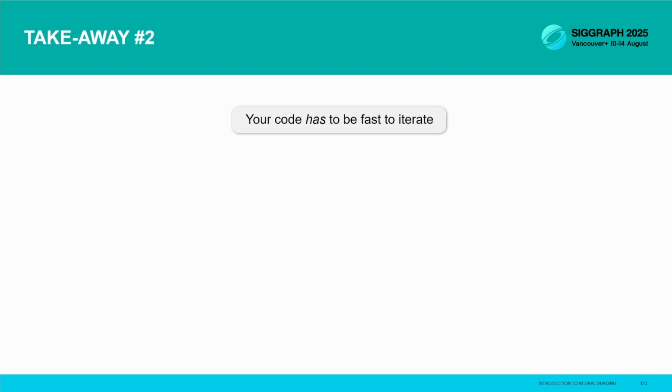And I speak from experience because we felt this pain when we started writing our own neural shading applications. And this is in part why we built the Slang ecosystem that includes automatic differentiation and SlangPy for rapid prototyping with Slang in Python.